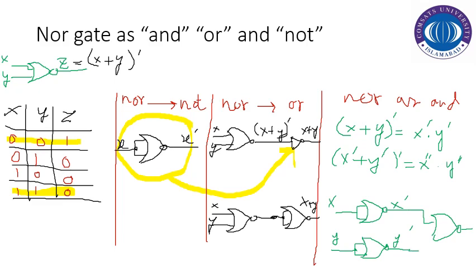This thing and this thing, and it's done. So here we have implemented the AND operation by use of NOR gates. Okay, so I hope the concepts are now clear.